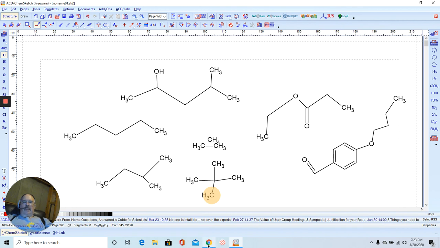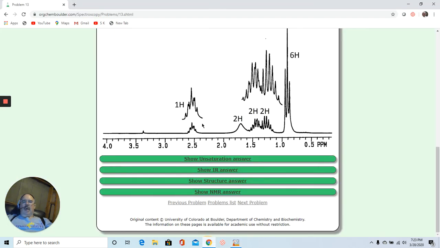And not only that, but this is probably the H on the carbon next to the nitrogen. And there's only 1 hydrogen there. And it's split into several lines. Okay, so we've got a CH, we've got a CH2, a CH2, and 2 CH3s.